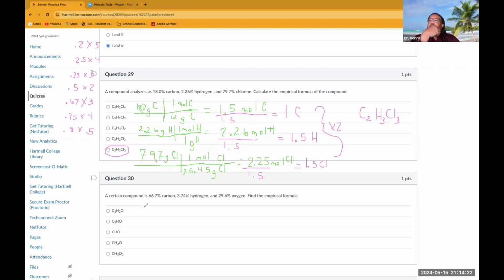Okay, so we have 66.7. So we're going to do it the same way. Make it grams. Carbon. We have 3.74 grams of hydrogen. And then we have 29.6 grams of oxygen.